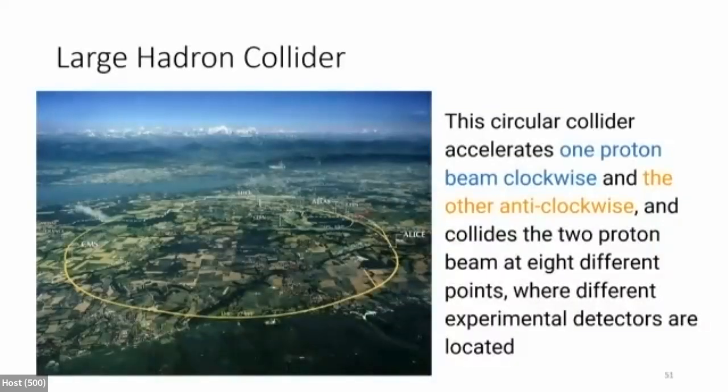A few words about high energy physics. The device that we're working on is called the Large Hadron Collider. It sits on the border of Switzerland and France. What it does is accelerate one proton beam clockwise and another proton beam anti-clockwise, and then they meet and collide at 8 points. At each of the points, we have an experimental detector to detect what comes out from this collision.